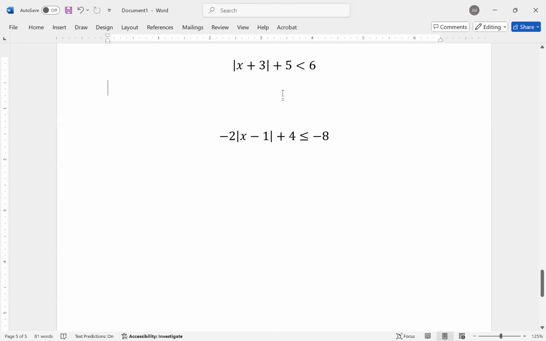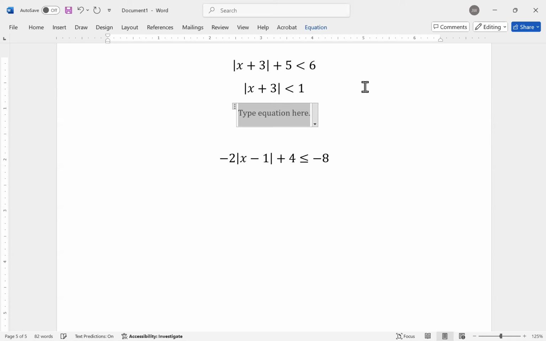In this first one, what we would do is subtract 5 from both sides, isolating the absolute value. That would give me the absolute value of x plus 3 is less than 1. Then I would create two inequalities.